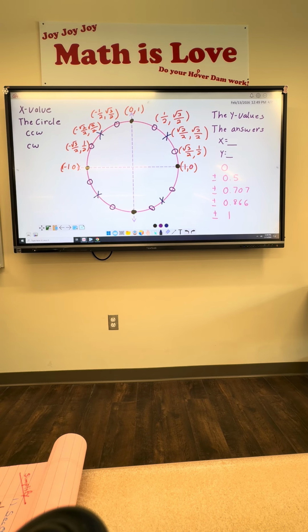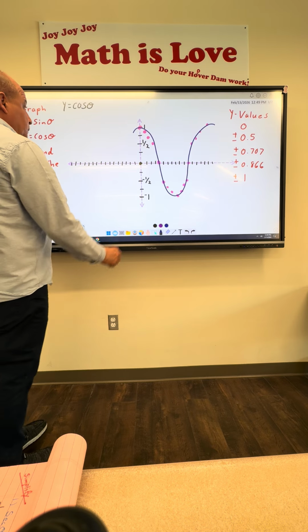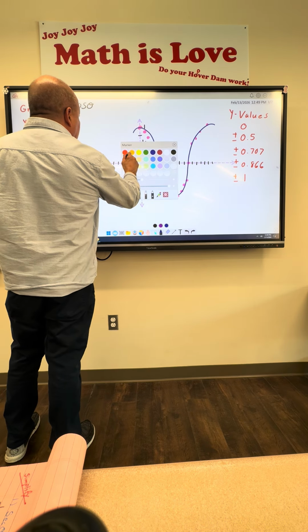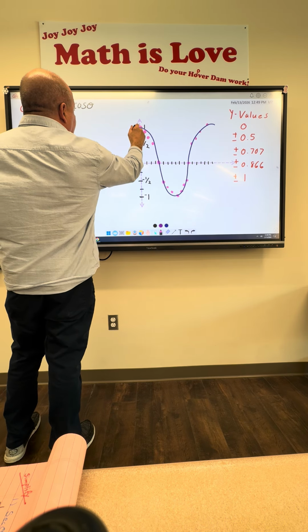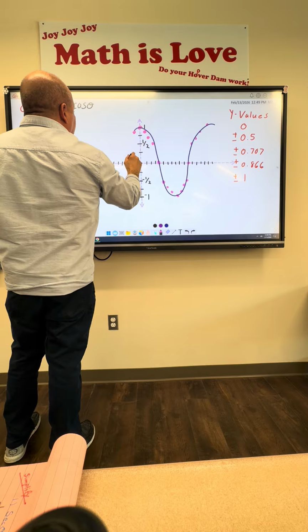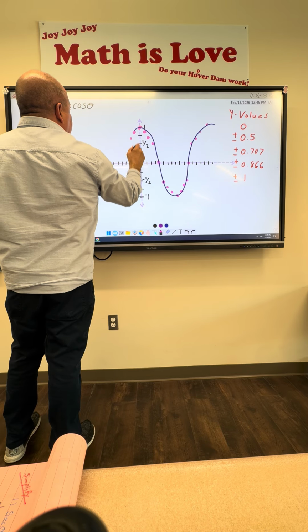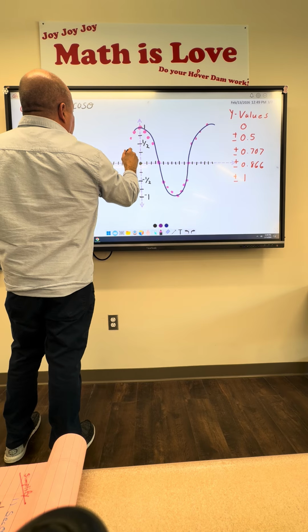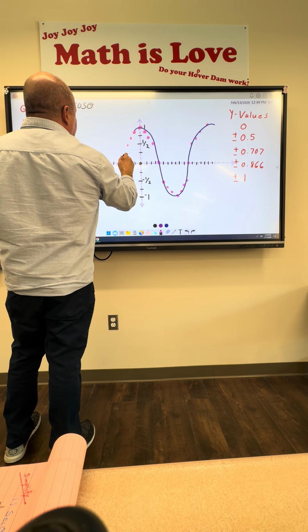One in the other direction. So this mark, 0.866, 0.707, 0.5, and 0.